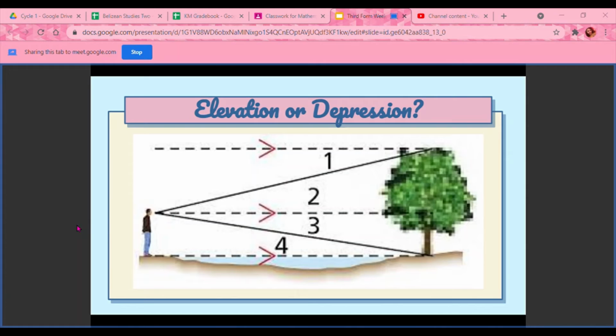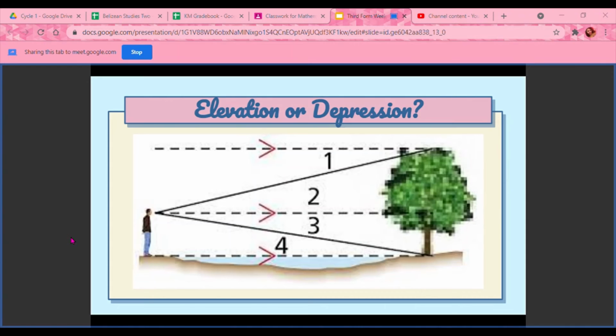This is my first horizontal line. And I have a 4 right here. And I have another dark line, this dark line right here. The broken lines are the lines of sight, your original line. The full lines are the angle lines.